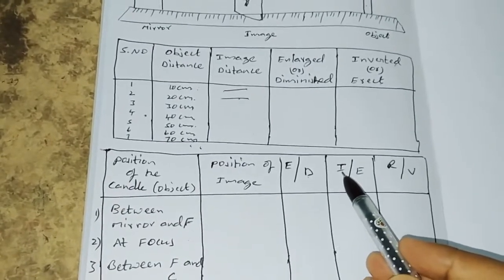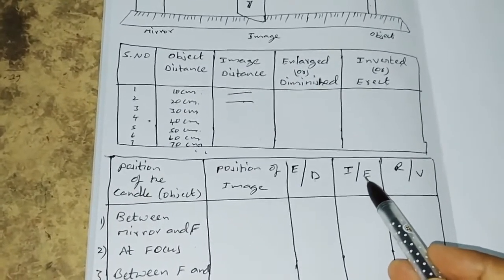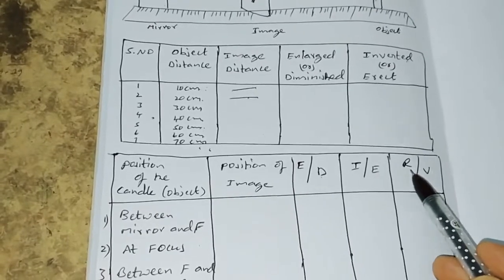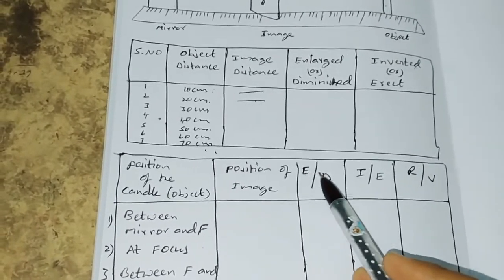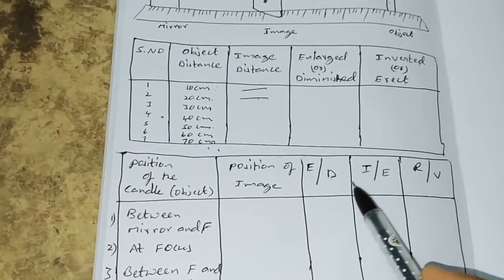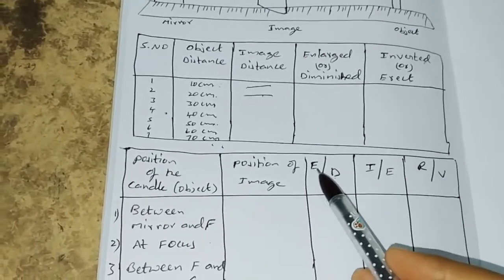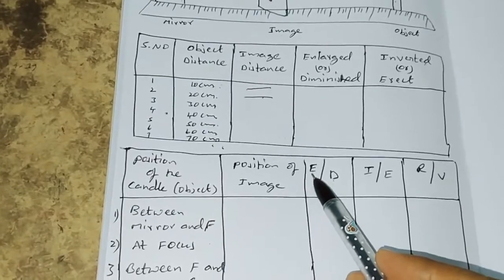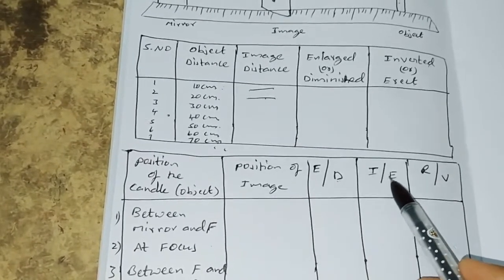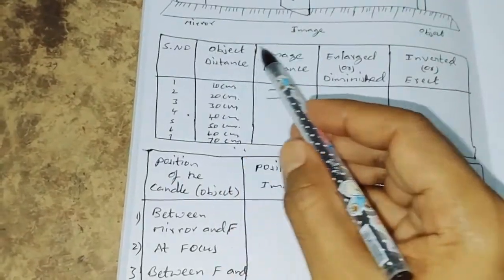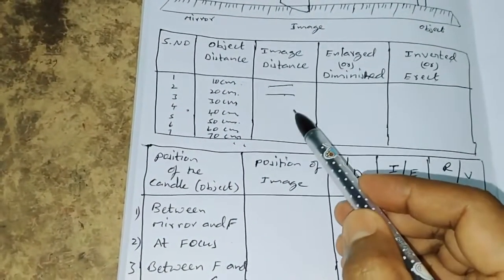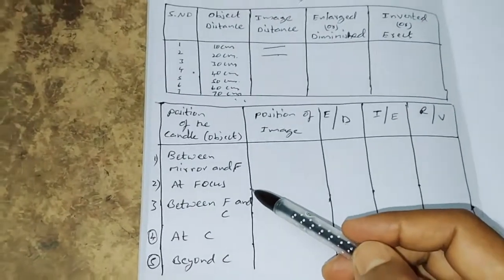Next, is it inverted or erect image? Next, is it real or virtual image? So I will explain these three pairs of images later. Now remember, enlarged, diminished, inverted, erect, real and virtual. So now we are rearranging the first table into the second table.